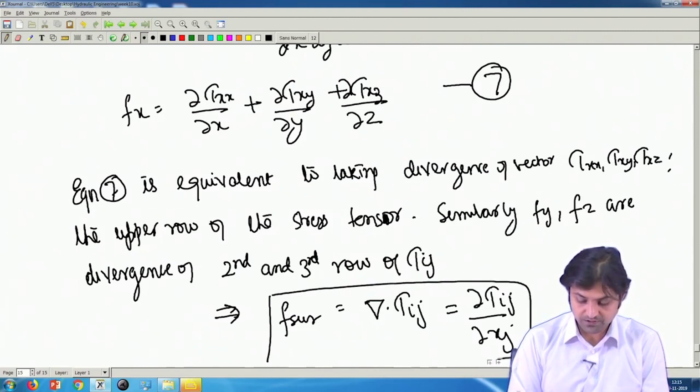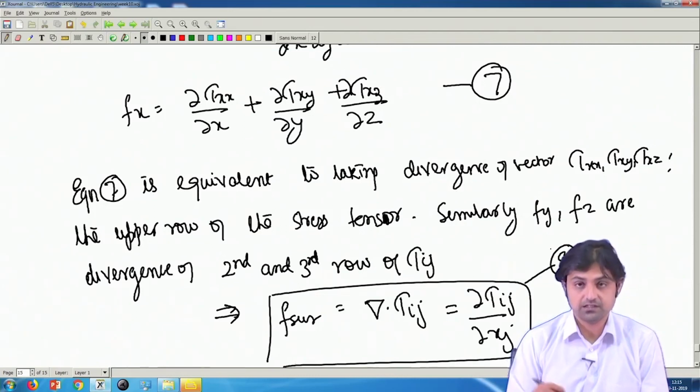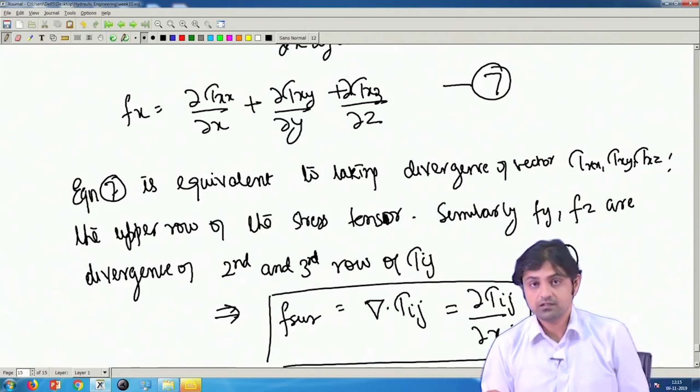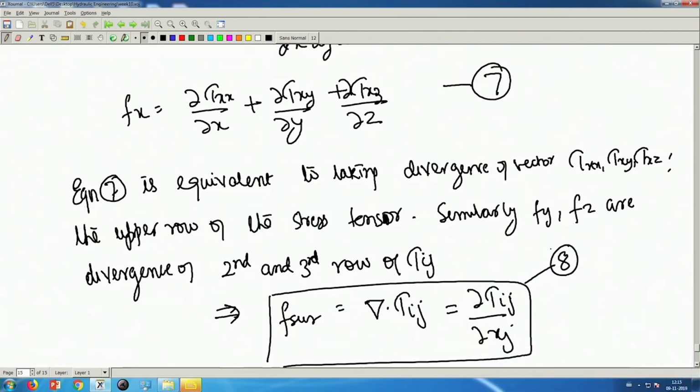This is equation number 8, and it is a very nice point to finish our current lecture. In the next lecture we can proceed from this point and finalize our derivation of the Navier-Stokes equation and try to cover as much as we can. Thank you so much for listening.